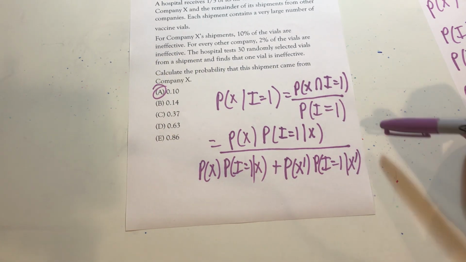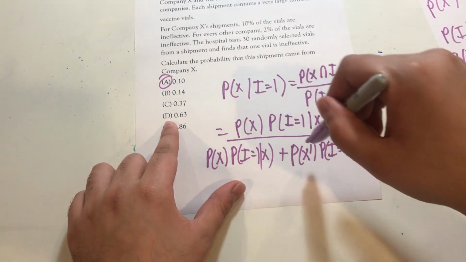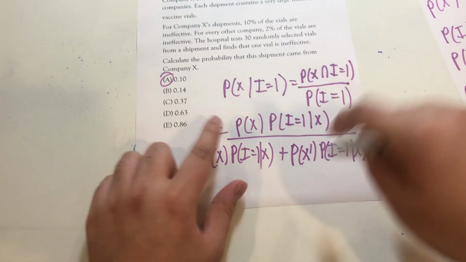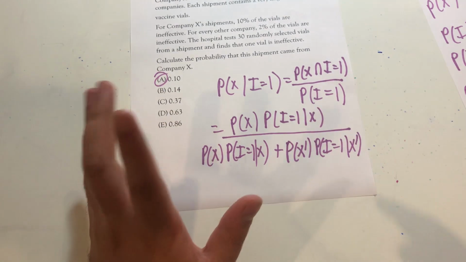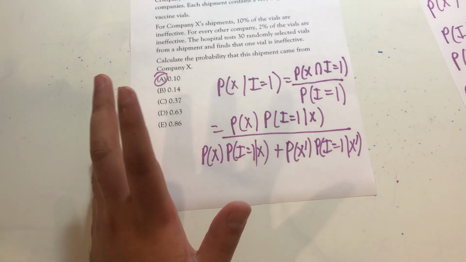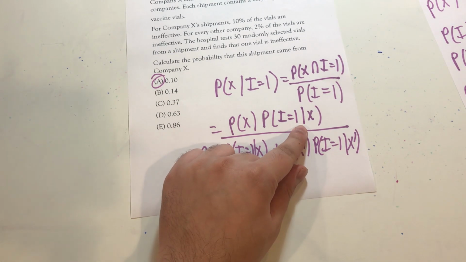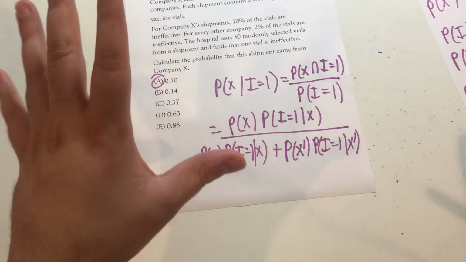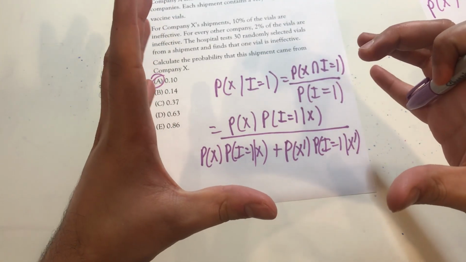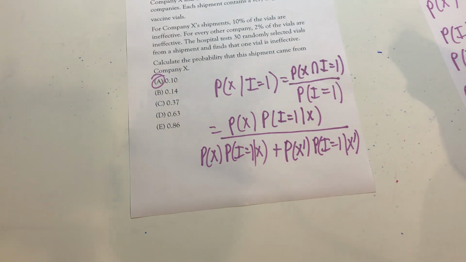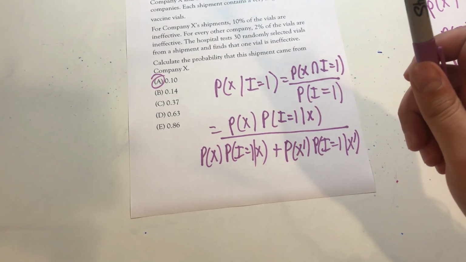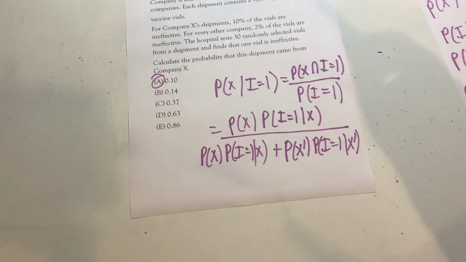From Bayes' theorem, you realize I have X and not X, but I don't have these particular conditional probabilities, but I know how to get them. So given we show up from X, ignoring everything else, we got a batch from X, and I get 30 random samples. What is the probability that exactly one is ineffective? That is a clear-cut scenario of when to use a binomial random variable.